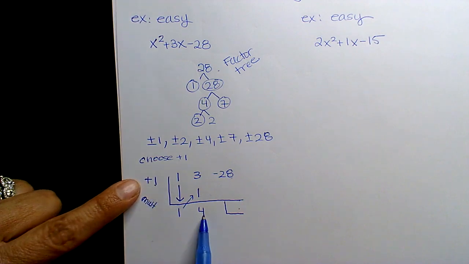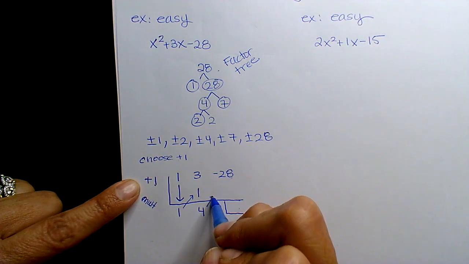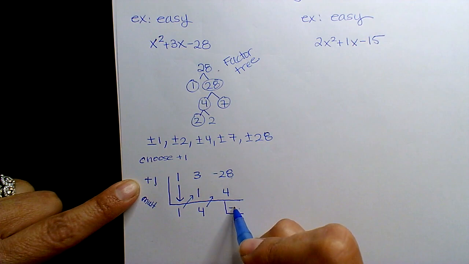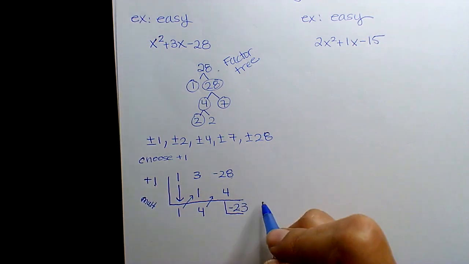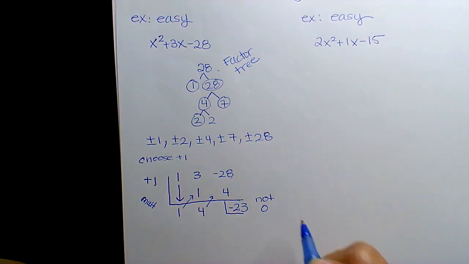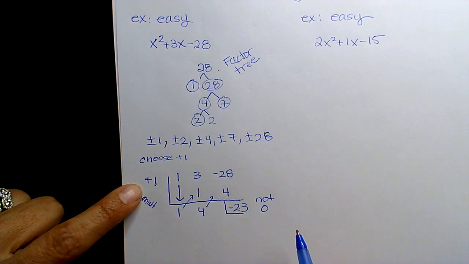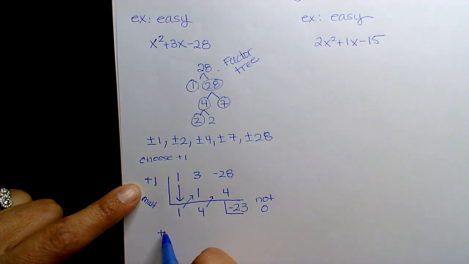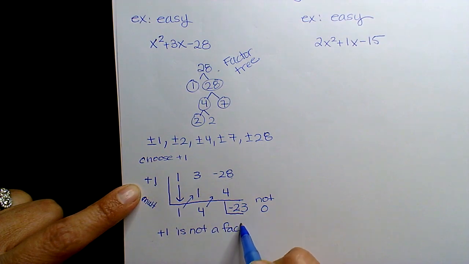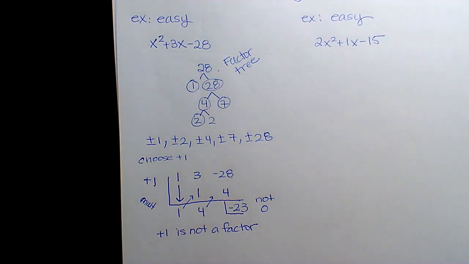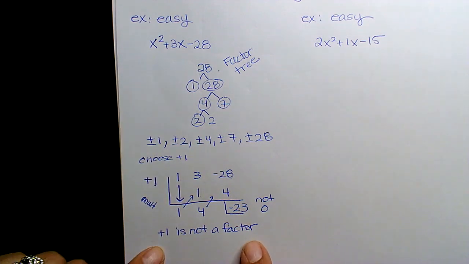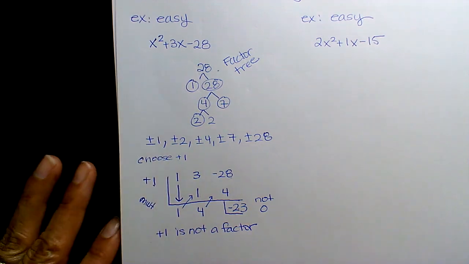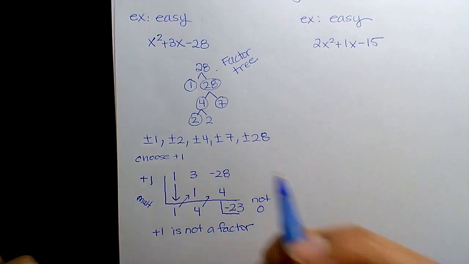What's 1 times 4? 4, and so there's my rejection. I get 23. This is not 0, so positive 1 is not a factor. We're looking for real factors, not imaginary ones. So that one's out.